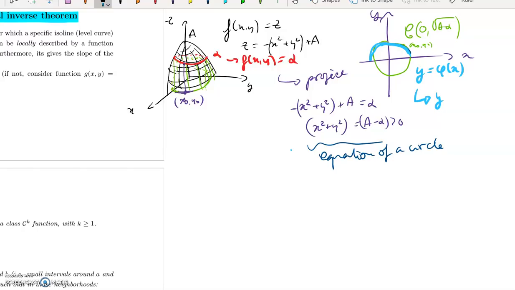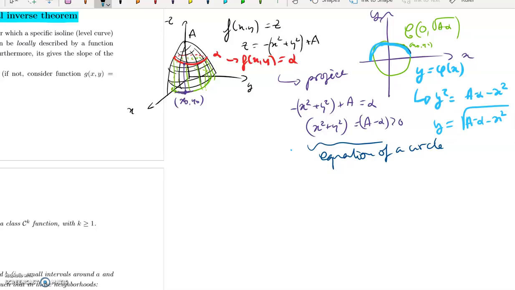If y squared is equal to a minus alpha minus x squared, you can say that y is just going to be the square root of that, a minus alpha minus x squared. Okay, and that describes the upper part of your curve.